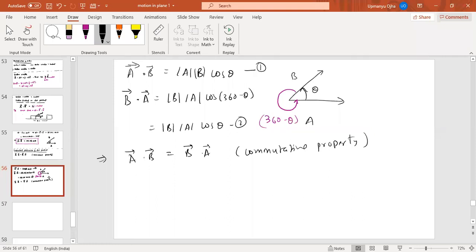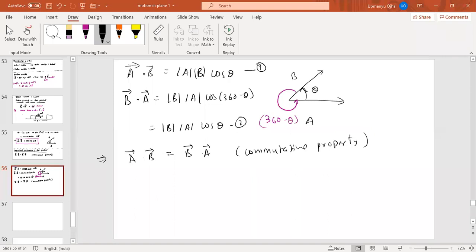So from these two comparisons, we can say that A dot B is equal to B dot A. Okay, so this is the first property. A dot B equal to B dot A means if you multiply A dot B or you multiply B dot A, the answer will come the same only.